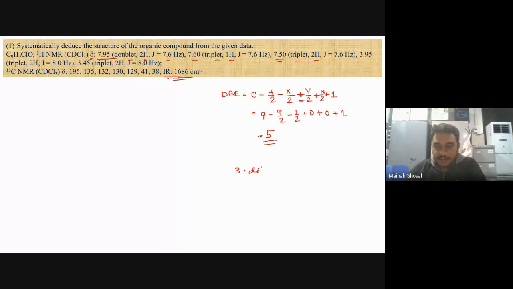When there are three different aromatic protons, there is a very high chance that this is a monosubstituted benzene.